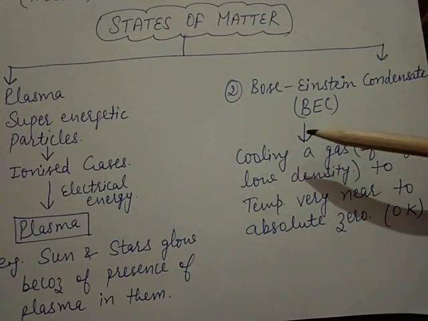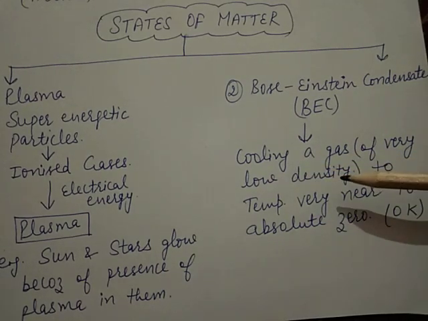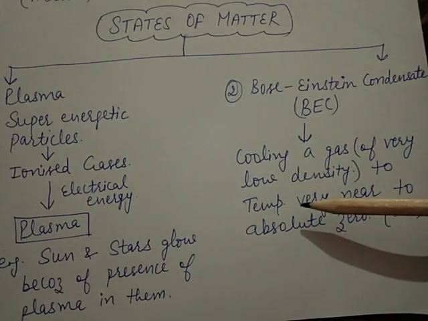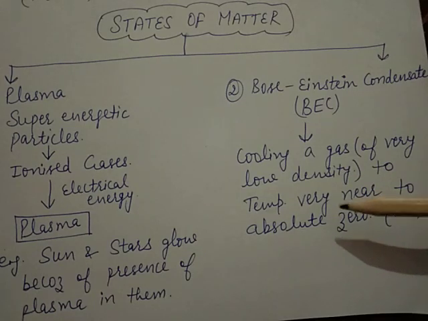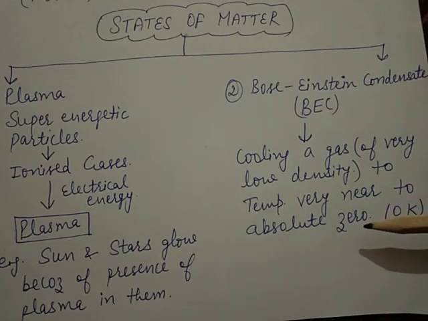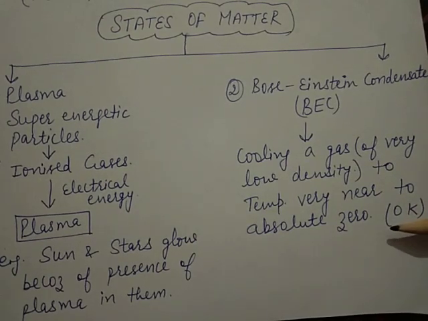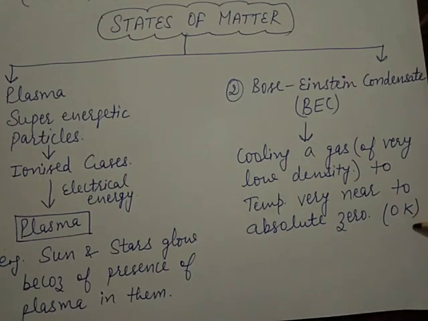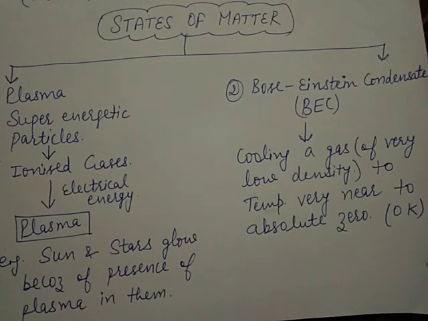BEC is formed by the cooling of a gas of very low density to a low temperature very near to absolute zero, that is 0 Kelvin or minus 273 degrees Celsius.